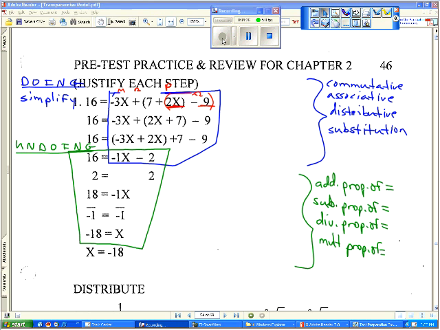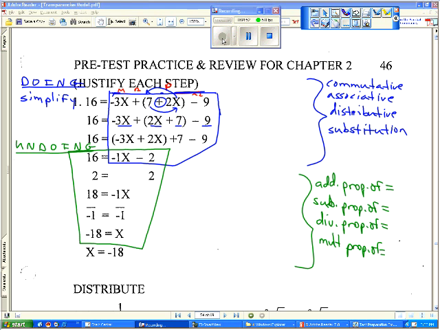I want to shift my parenthesis onto like terms, but there's no way to make that happen because my like terms are not beside each other so that a shift will do any good. So the first thing I need to do is to change the order of these numbers that are being added so that my like terms are beside each other, making a shift of the parenthesis something that would be good for us.